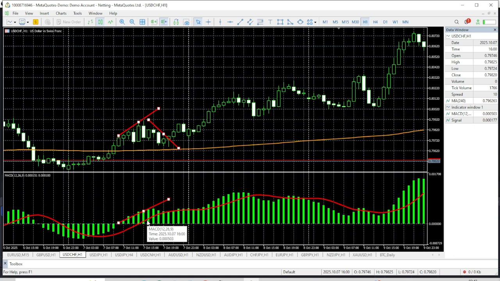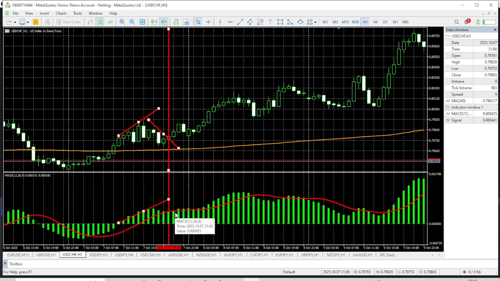Then we enter on a candlestick that closes above the MACD signal line. So in this case, we have this candlestick, the one in front of the horizontal line I just put on the chart, closes above.